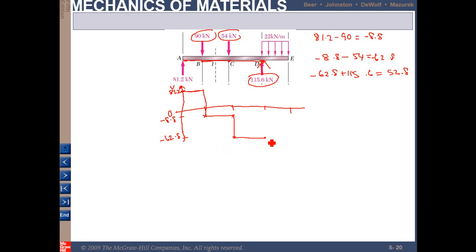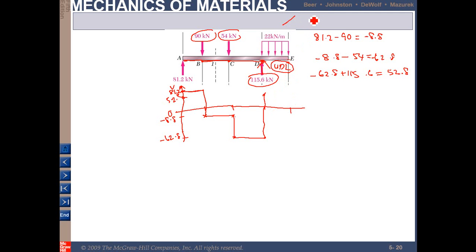So this will go up to 52.8. So it is here. Okay, so from D to E, as it is a uniform distributed load, it will create a shear diagram that is inclined.